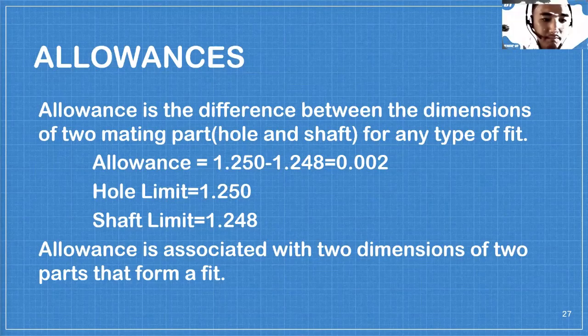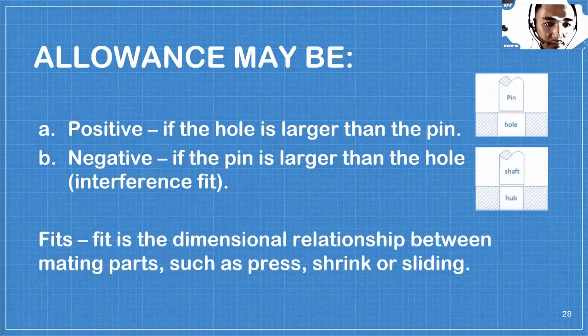Next. So allowance, it may be positive or negative. Pag positive, itong figure na to, ito yung tinatawag na positive allowance. Kung makikita nyo, mas maliit yung pin kaysa dun sa hole. Ito yung allowance natin.